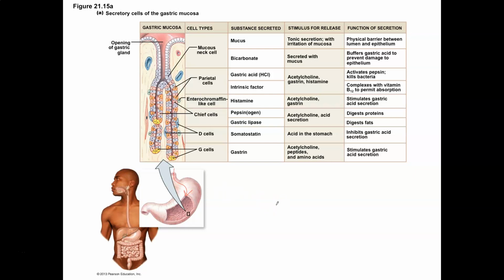Number one, it's for storage. It stores food and liquid, and it's going to help to regulate the passage of that food and liquid into our small intestine. We get some digestion that takes place in the stomach. There is chemical digestion using the enzyme pepsin to break down proteins.